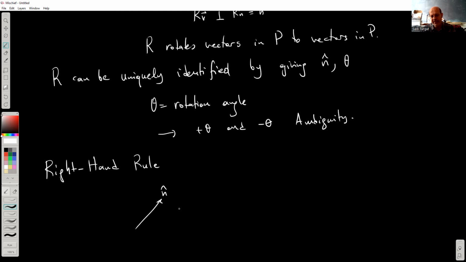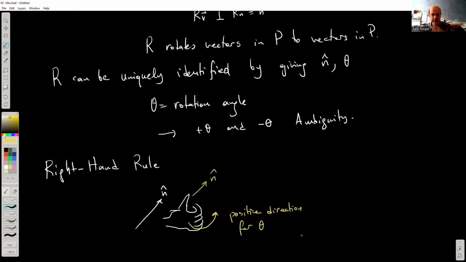When the rotation axis is given, we are going to use our right hand. That's the picture of our right hand. What we are saying is that if our thumb is along the direction of the rotation axis n which we have chosen, then that's the positive direction for theta.